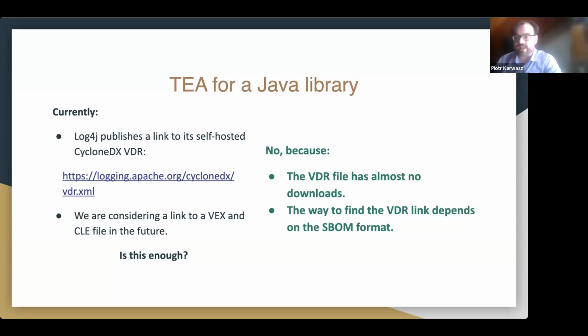So we added a link to the CycloneDX SBOM and waited and waited and waited to see how many people discover that we are publishing a vulnerability disclosure report with all the CVEs that were published against Log4j. Honestly, I must say that we don't see the effects. Probably nobody is reading that.